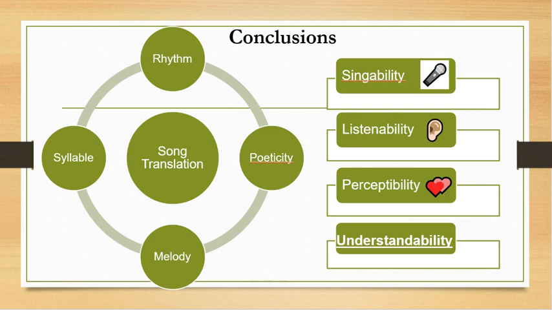But another thing is that when you translate a song into another language and make it singable, we need to make people understand the lyrics. That is the aim of song translation, and that's why I added that understandability is also very important.